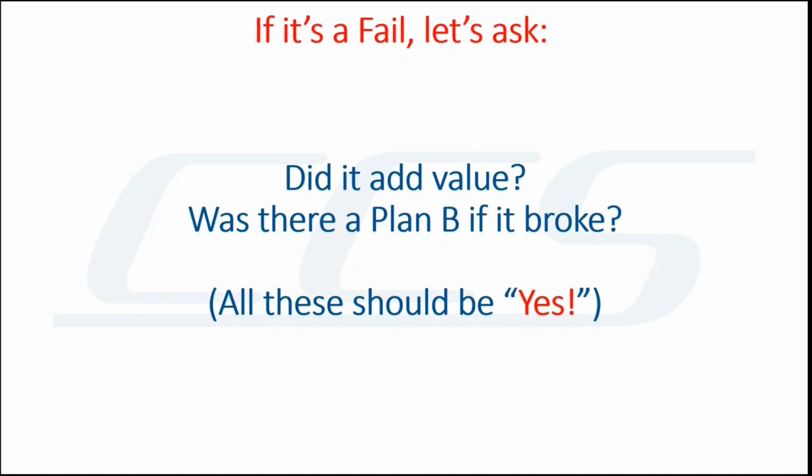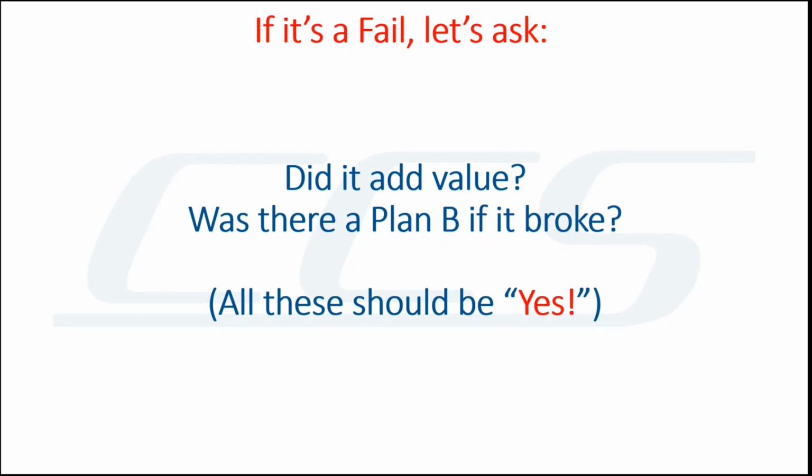And was there a plan B if it broke? Now we all want to be able to say a new system that's installed is never gonna bend, never gonna break, never gonna have any issues. But the reality is there can be some unforeseen circumstances, lightning strikes, and now we have an issue and we have to be in a position where we can still keep production rolling.